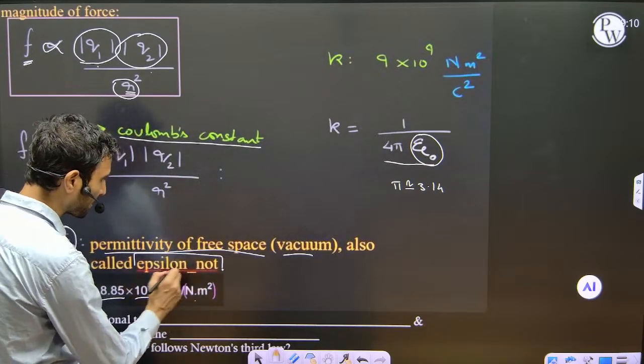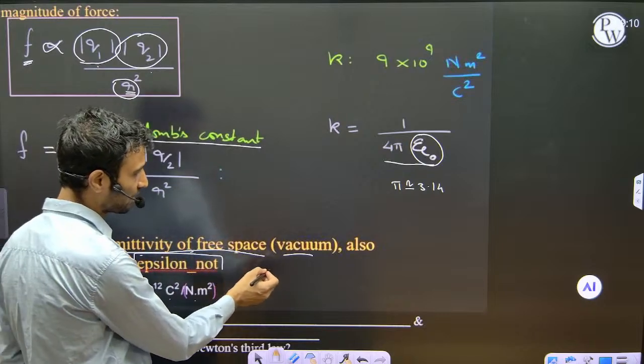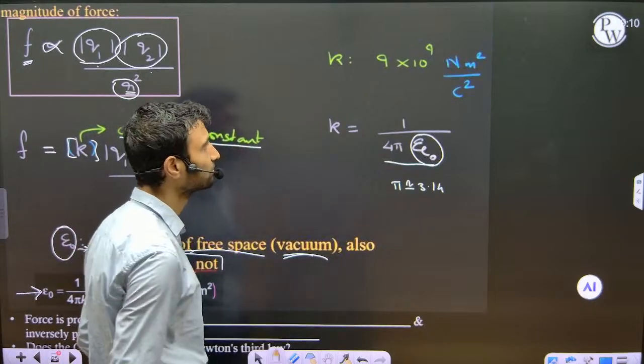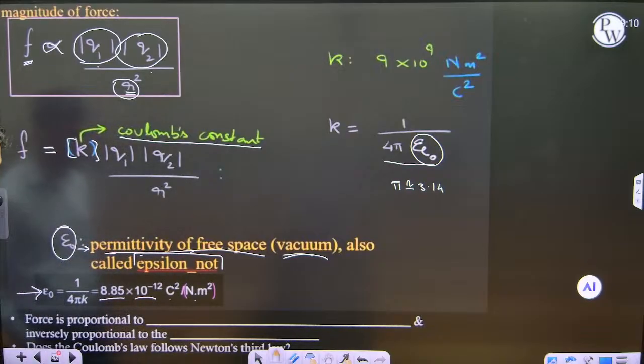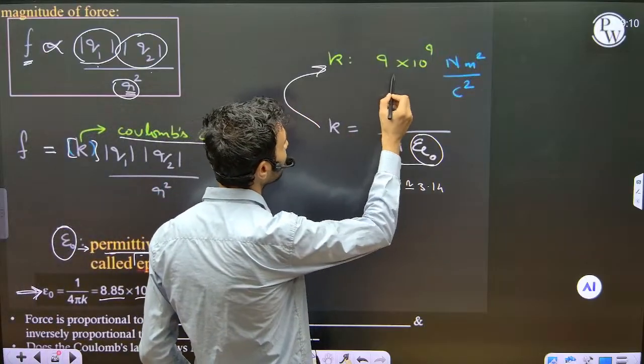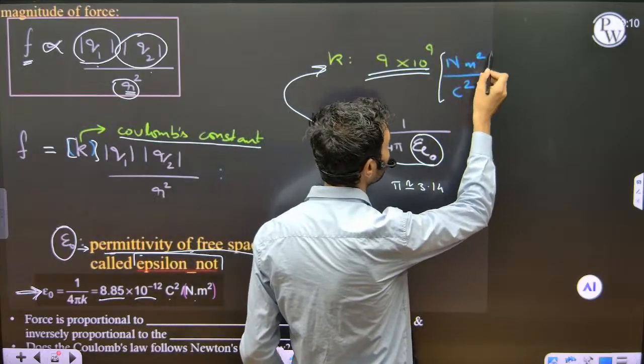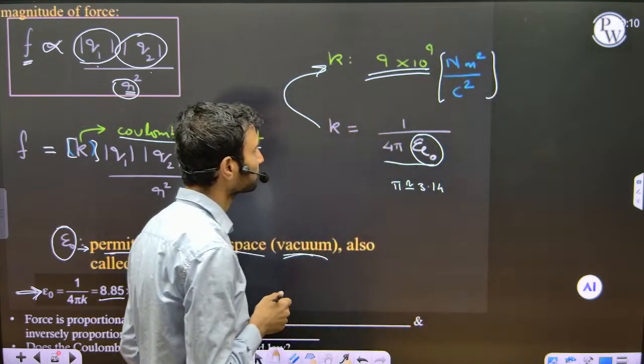You read it as epsilon naught, and it is called permittivity of free space or permittivity of vacuum. That is the value of epsilon naught, and the value of K is quite simple. It is 9 into 10 to the power 9 Newton meter square by Coulomb square.